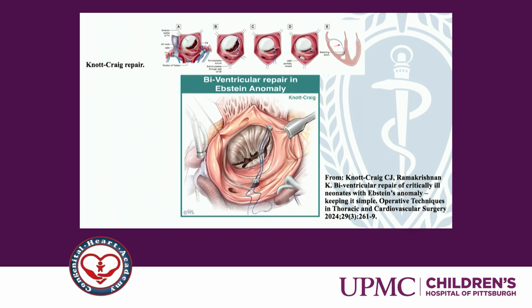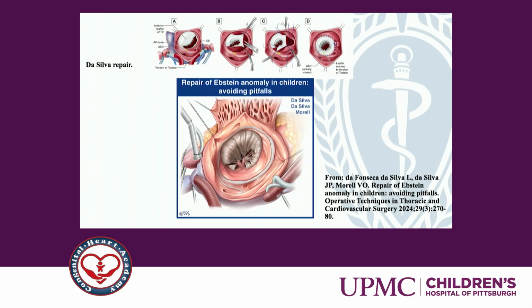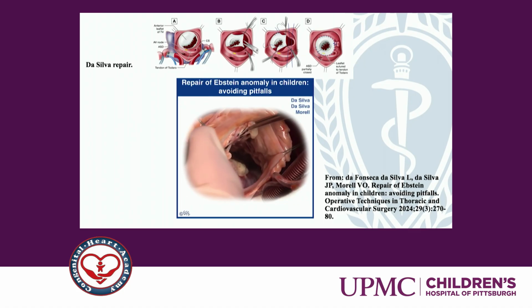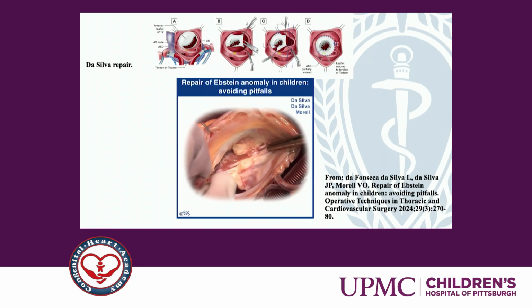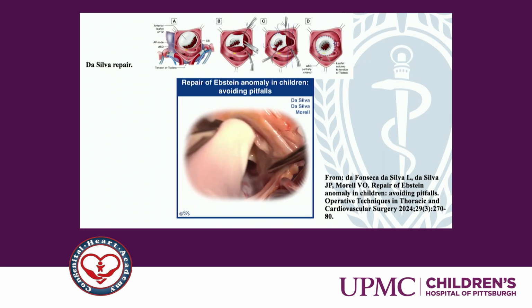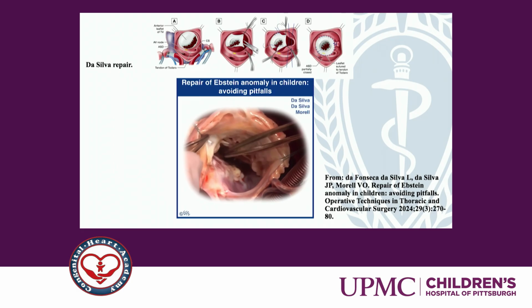It is important to preserve native leaflets so that subsequently the prosthesis can be removed and repair can be done later on in life. The Cone repair is a more elegant procedure and it is more anatomical.